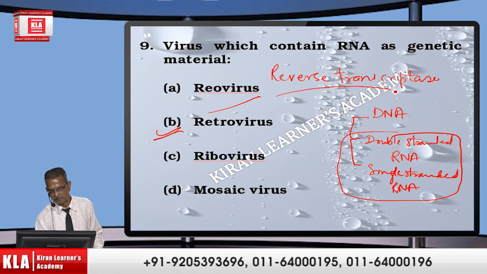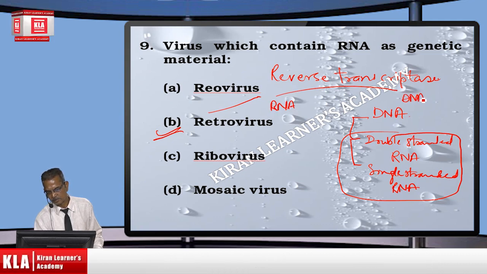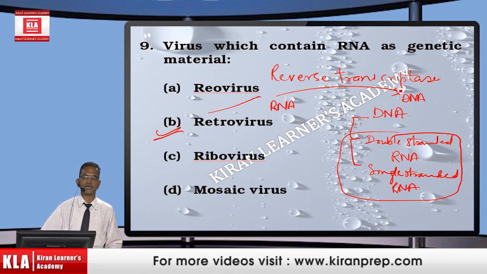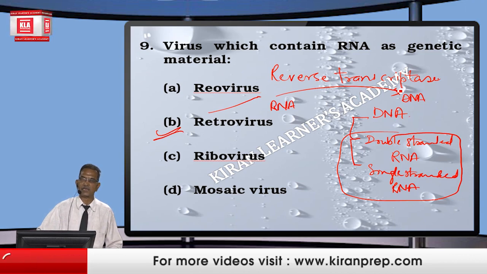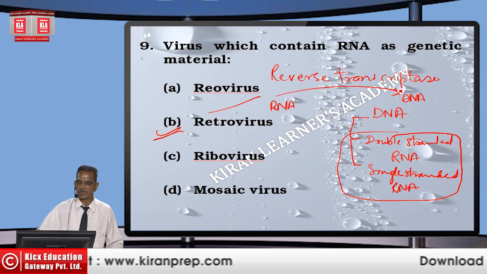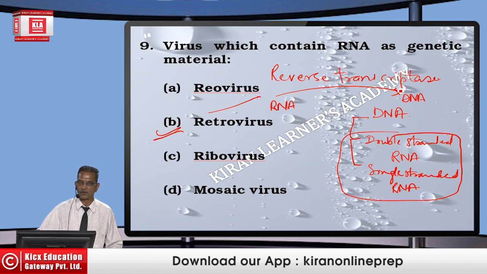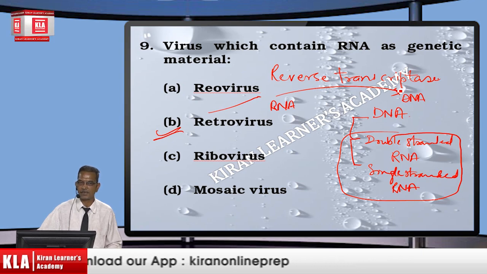This enzyme helps convert RNA into DNA. Before the virus starts dividing, RNA has to be converted into DNA. And that interconversion is possible only in the presence of the enzyme reverse transcriptase. And therefore, this enzyme is only found in case of retroviruses. That is, a virus containing RNA, not the virus containing DNA.